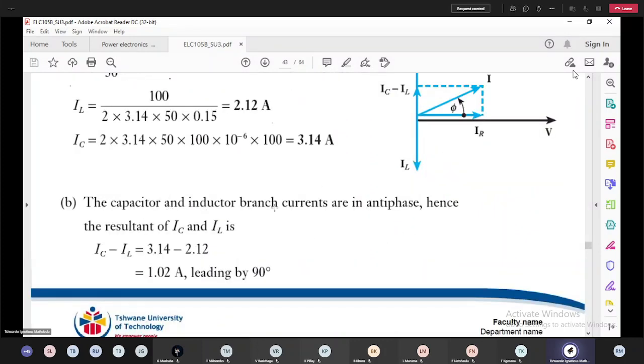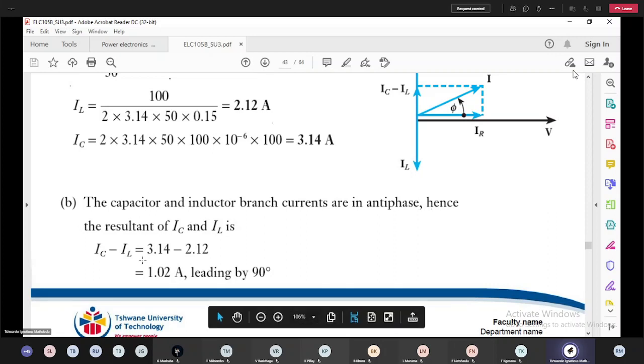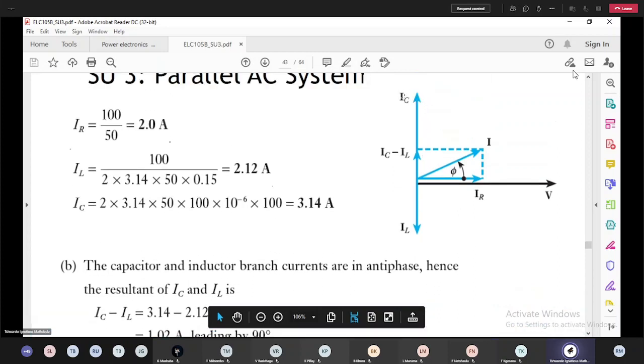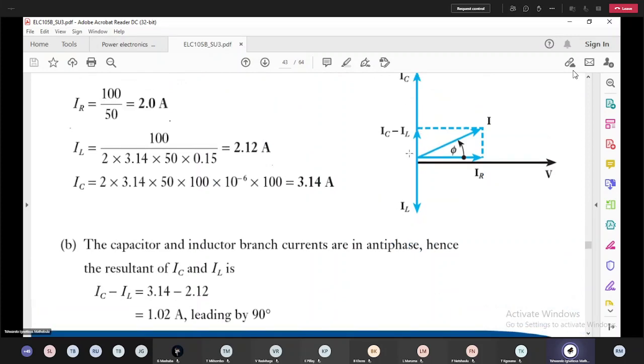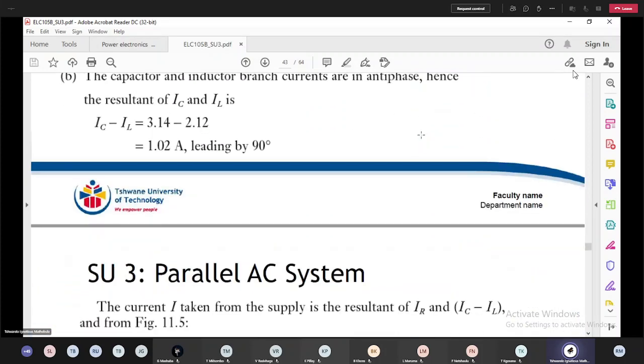So the capacitor and inductor branch currents are antiphase, hence the resultant of IC and IL is IC minus IL. I've explained that, and it's 1.02 leading by 90 degrees. There it is. So this current, no longer this one, this is IC. This is the resultant current of 1.02. It's leading by 90 degrees.